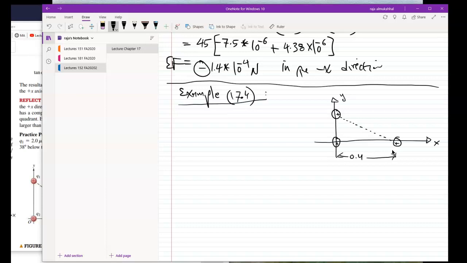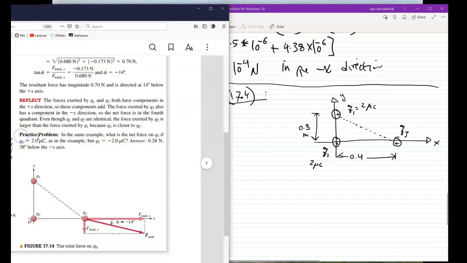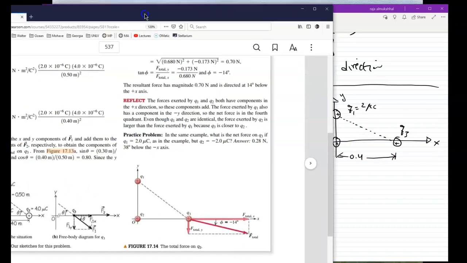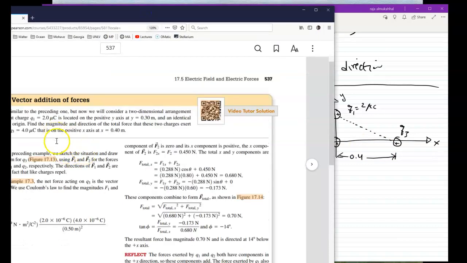I'm not going to write the unit, but it's understood. It says 0.4 meters. This is 0.3. And this one is Q1, 2 microcoulomb. And this is Q2, also 2 microcoulomb. And Q3 is equal to, what is it? 4? I think it's 4. Sorry. 4. Right there. Okay.